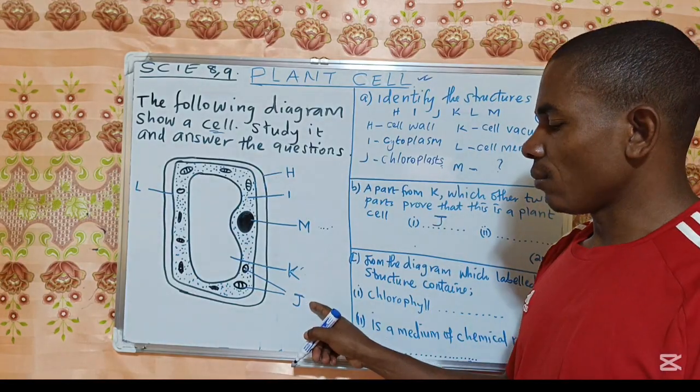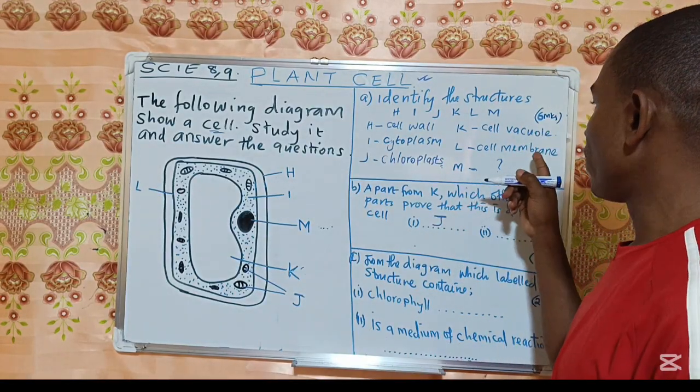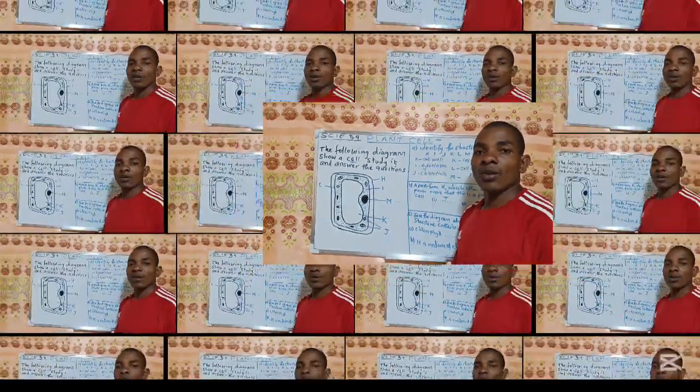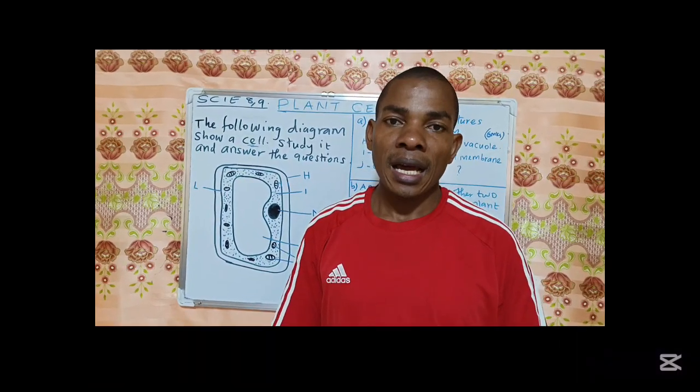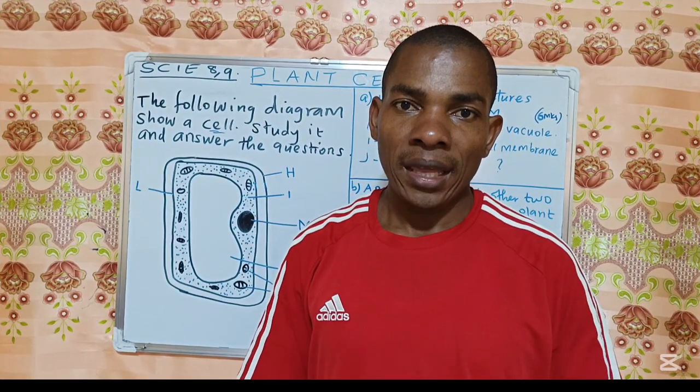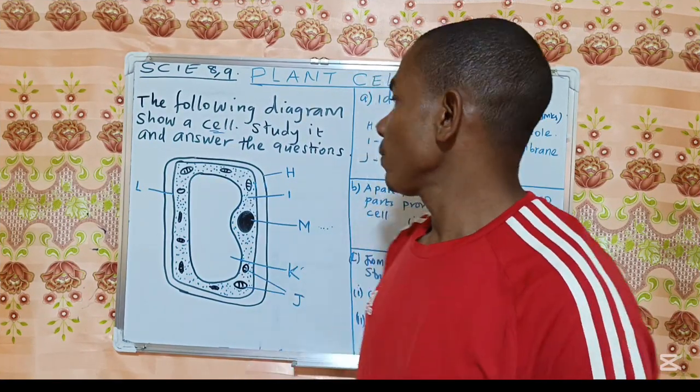Why? This is a chloroplast. Animal cells have no chloroplasts because they don't make their own food. Plant cells have chloroplasts where photosynthesis takes place.